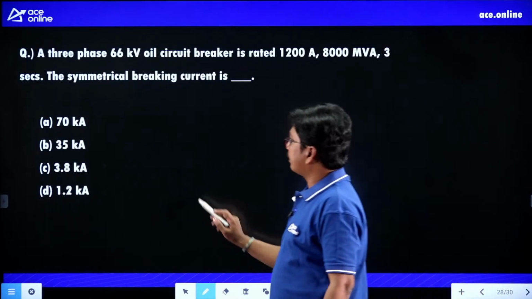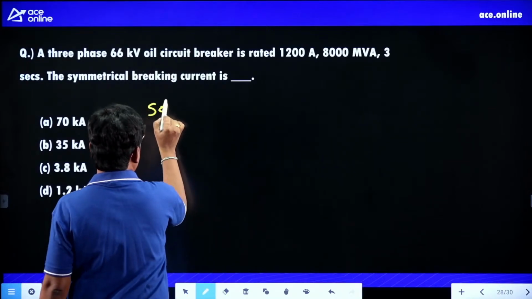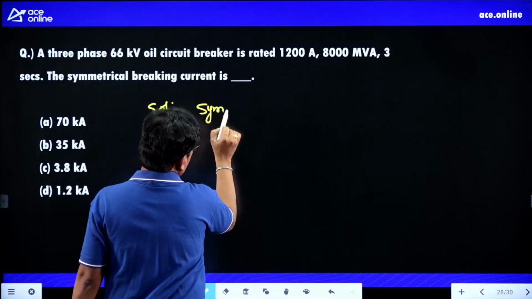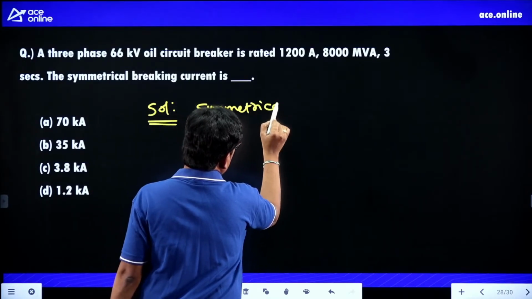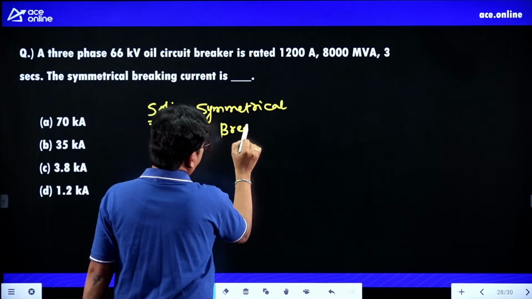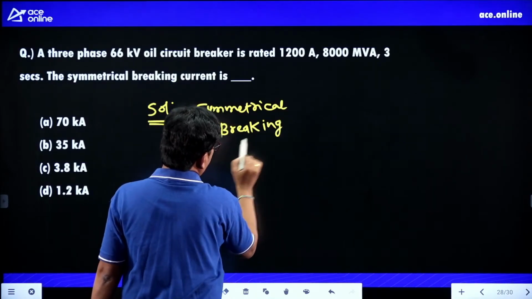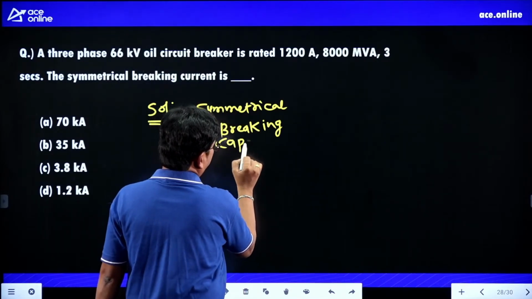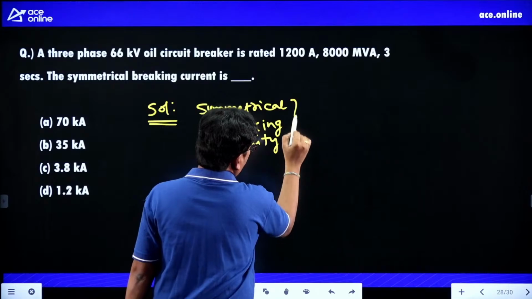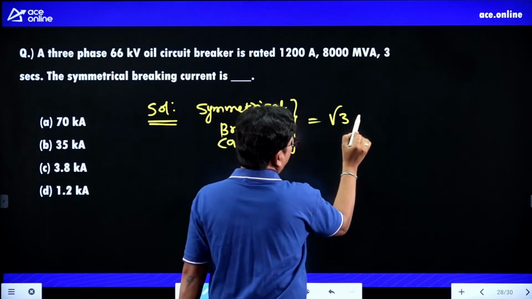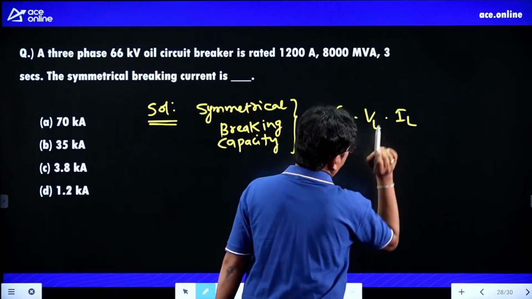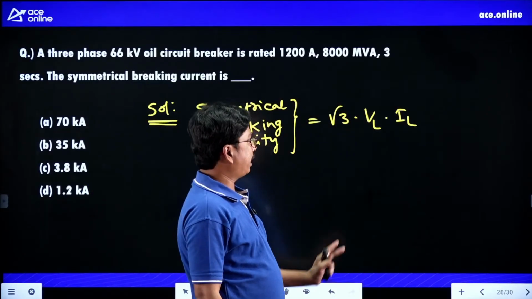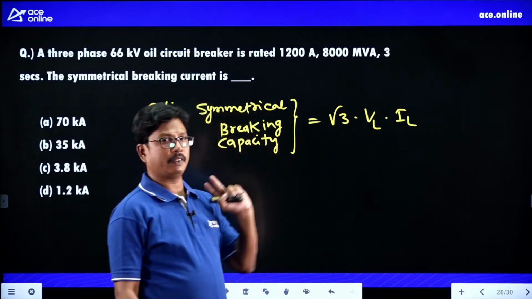What is the symmetrical breaking current formula? Symmetrical breaking current or breaking capacity is nothing but √3 times V line into I line, where V line is the rated line to line voltage and I line is the line current which is flowing there.